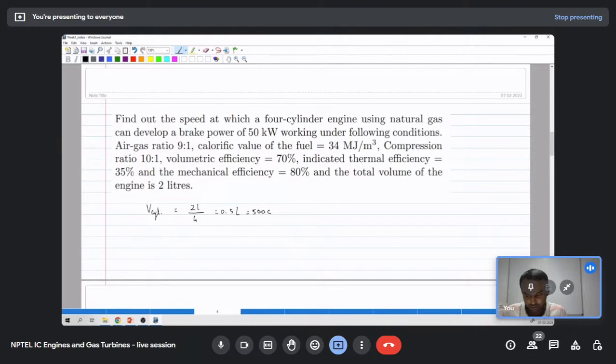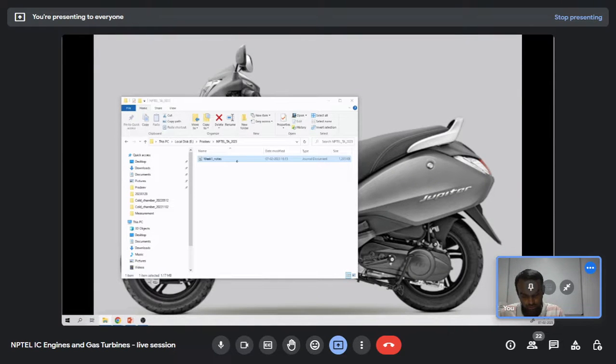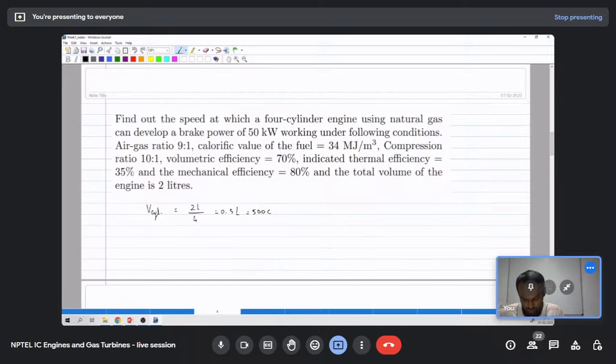We have been given that the compression ratio is 10:1, so that means stroke volume plus clearance volume by clearance volume is 10.